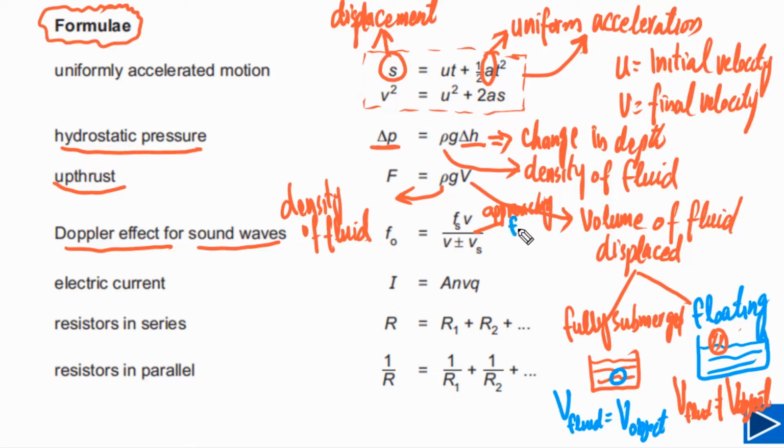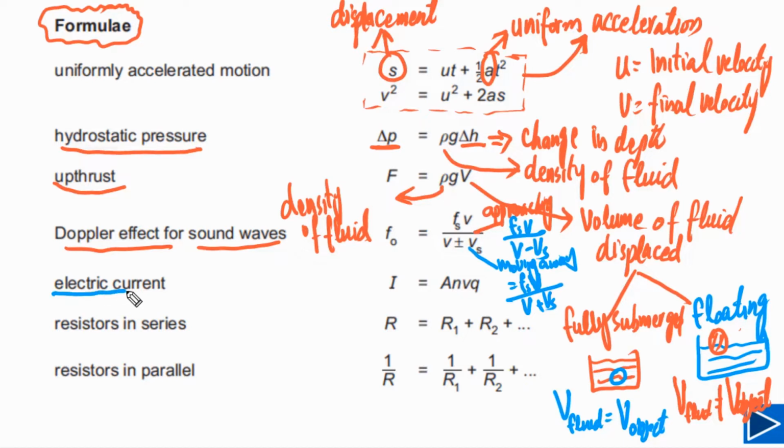We can say in this case Fs v over v minus vs. But if the object is moving away, then observed frequency is equal to Fs v, where v means speed of the wave, divided by v plus vs. You need to understand when to use negative sign, when to use positive sign.